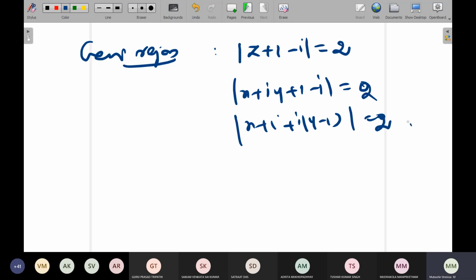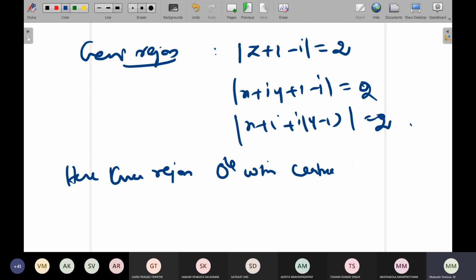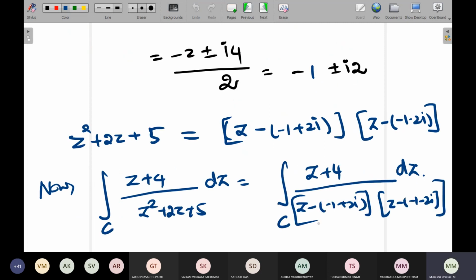Here the given region is a circle with center at minus 1 comma plus i with radius 2. Now check which point lies inside.